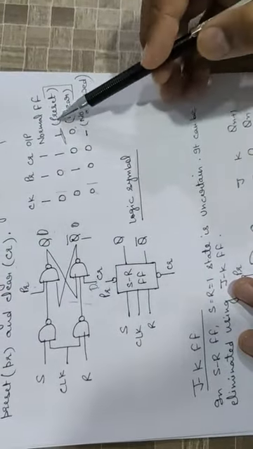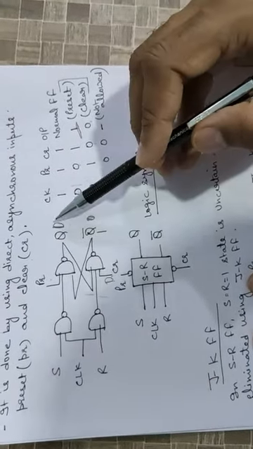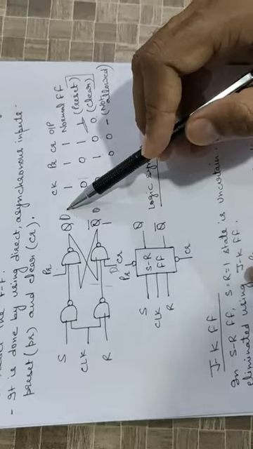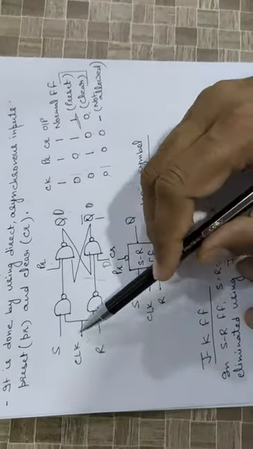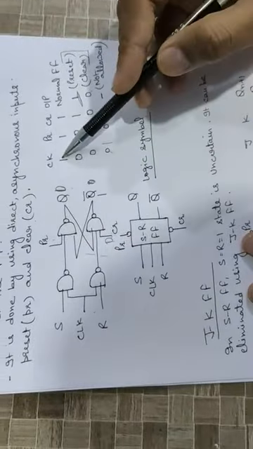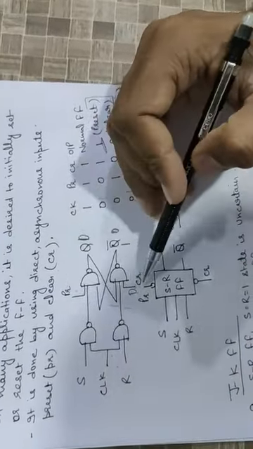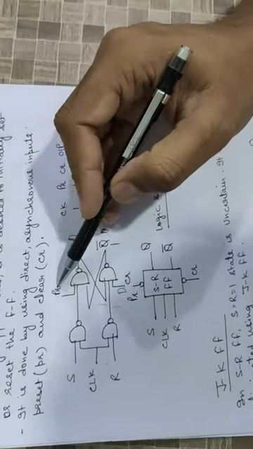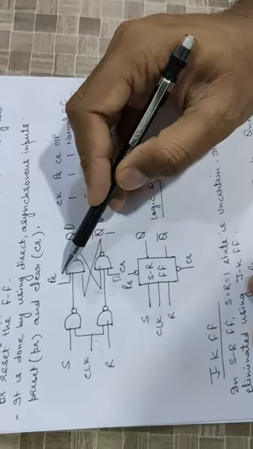In this way, first of all, I set the values of preset and clear, and depending on that, I get the present state output. After I get the present state output, I apply the clock pulse as 1, and after that I make the values of preset and clear 1, because if I provide the values as 1, 1, these inputs will not affect anything after that.